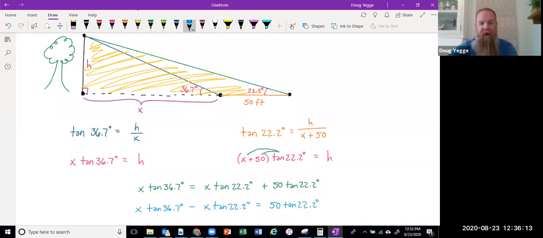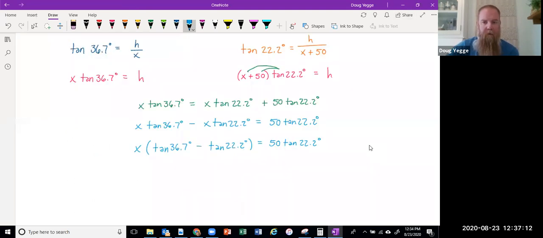Now, in order to solve for x, we're going to factor out that x. After that x is factored out, we could finally divide by this quantity.